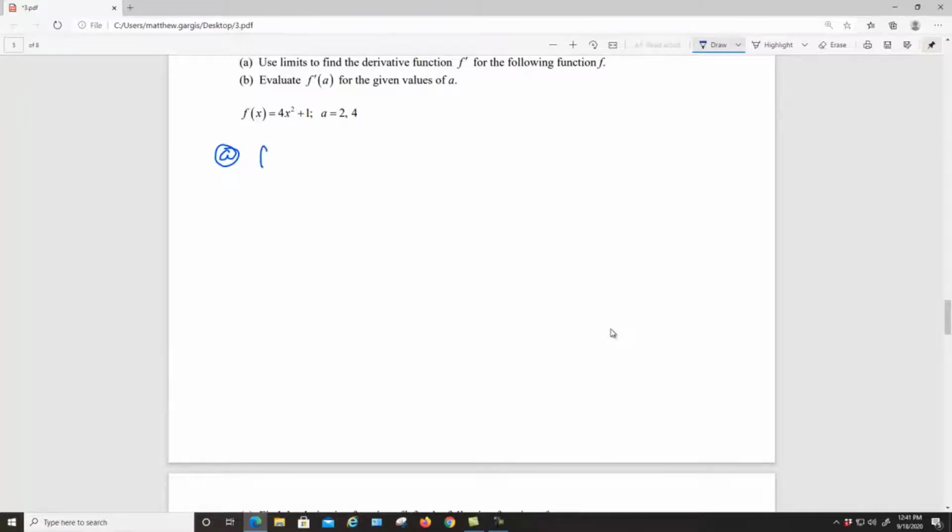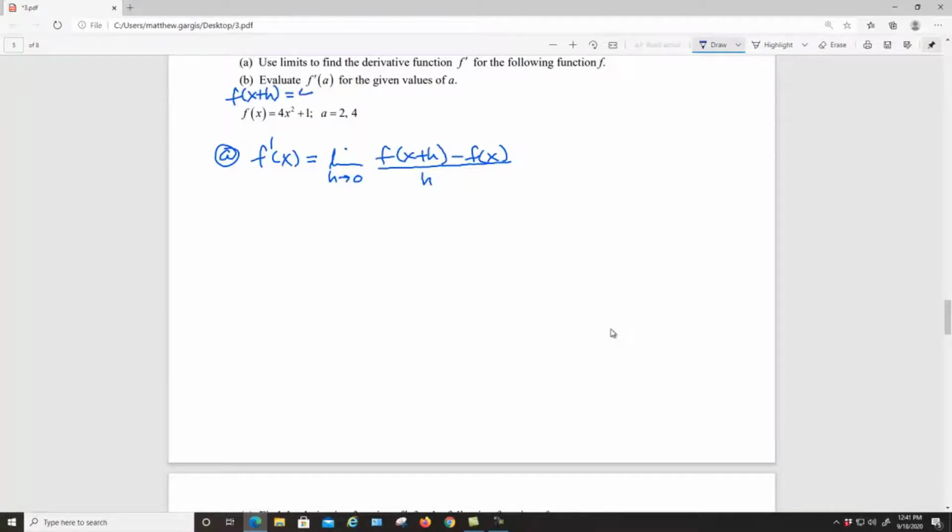Alright, so my definition is f prime of x equals the limit as h approaches 0 of f of x plus h minus f of x, over h. Alright, and what you might want to do is go up here and we've already got f of x right there, so what is f of x plus h?